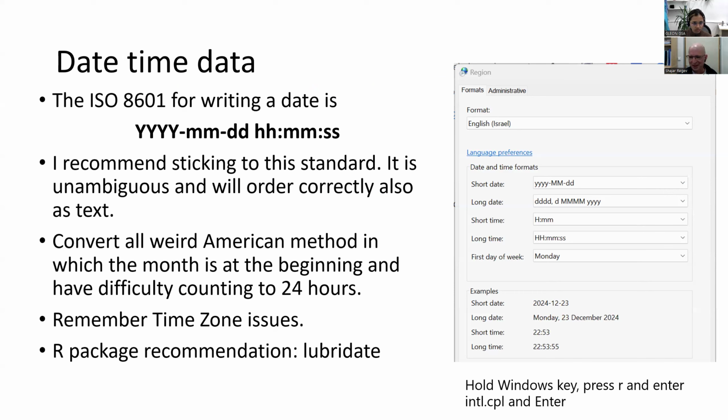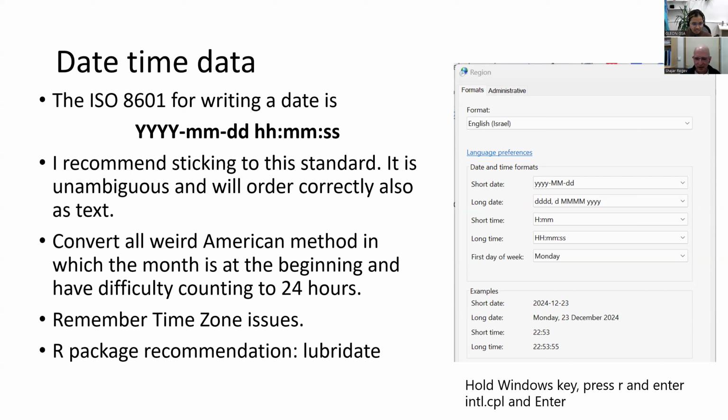I'm sorry about the American guys, but for me, it's a weird American method, with months at the beginning, and sometimes they have difficulties counting to 24 hours, so they add the PM and AM. So I suggest really to avoid it.